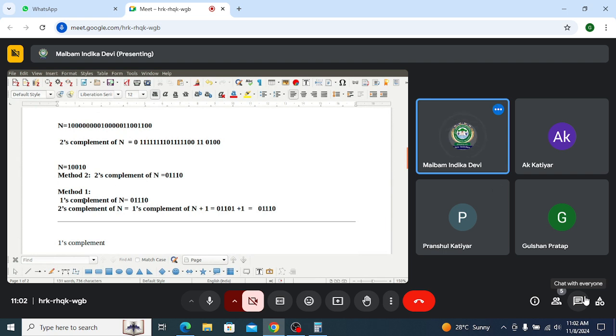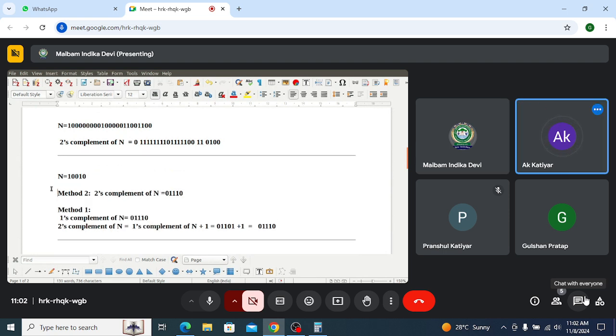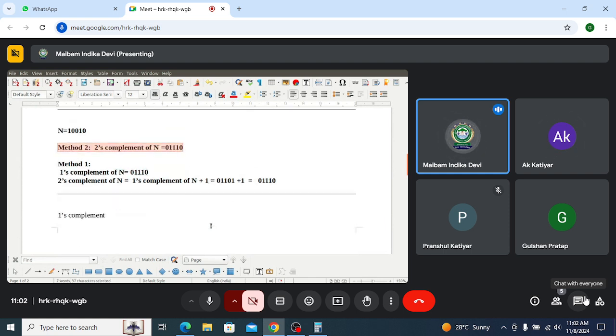Here and this two should be the same. Now we have found the same answer. Clear? Understood? One method is through this, another method is through this. So whatever is easier, you can use any of them.